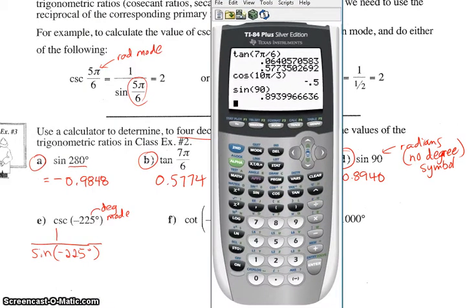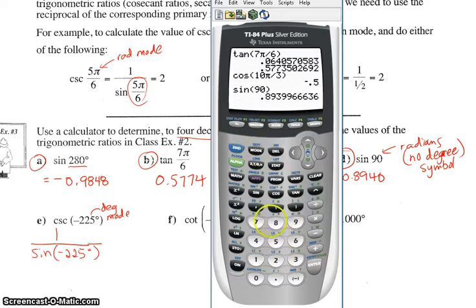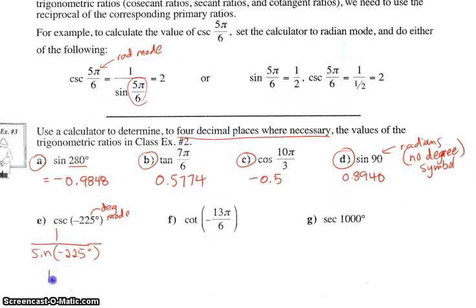We first of all want to change our mode to degree. There we go. Quit out of there. And we want to go 1 divided by sine of negative 225. And there we go. 1.4142, I think it was, because we went to 4 decimal places.